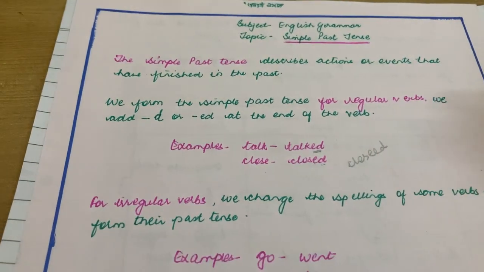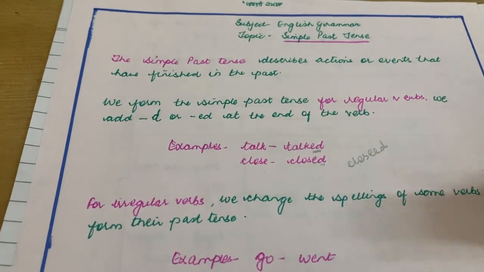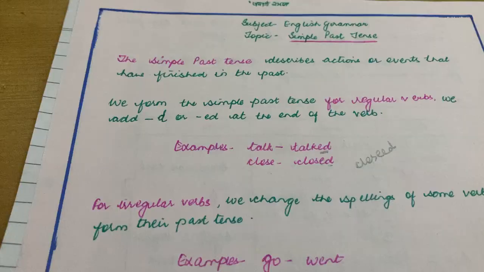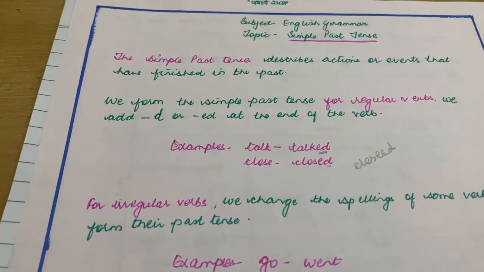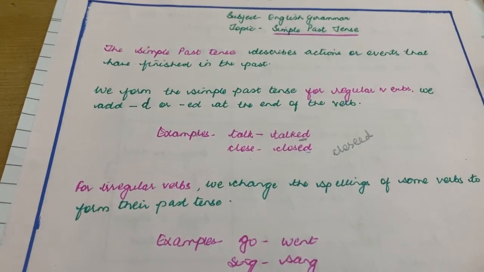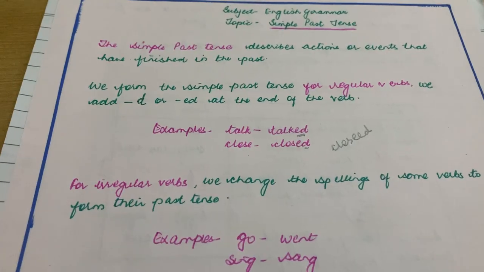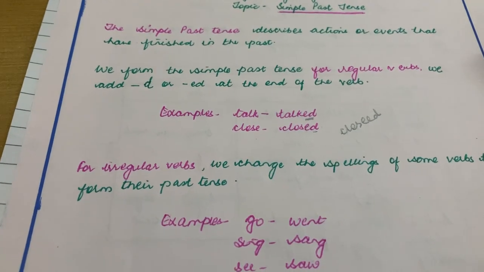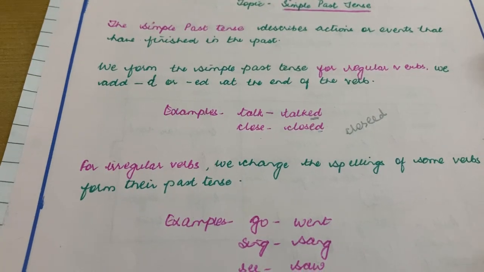For irregular verbs, there is always an exception when we are changing one particular verb form to another. For irregular verbs, we change the spelling of some verbs to form their past tense. For go, we do went.